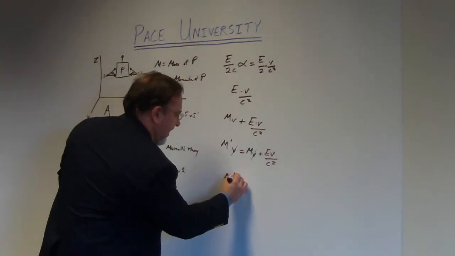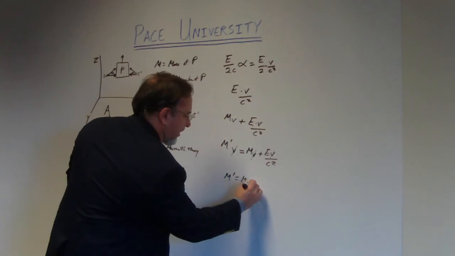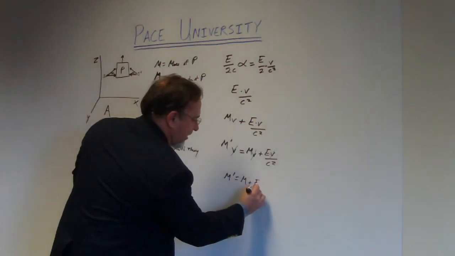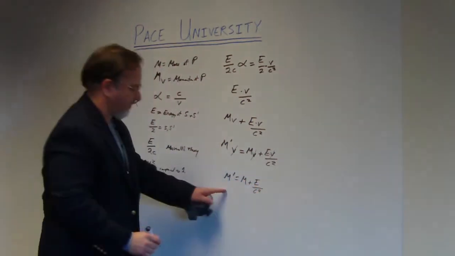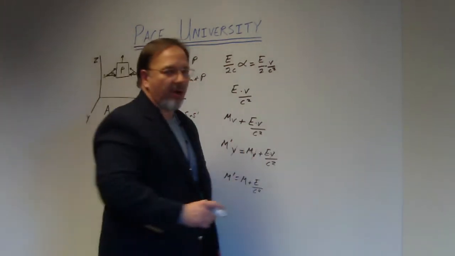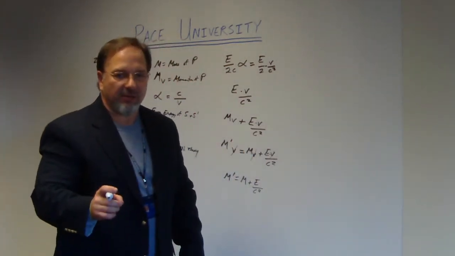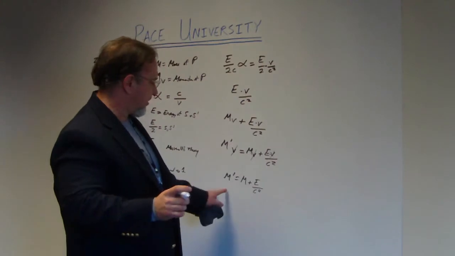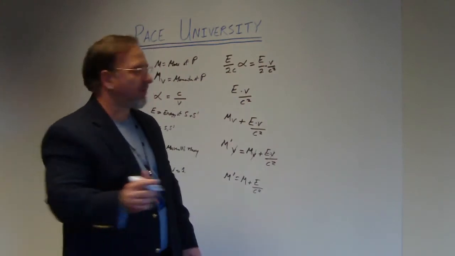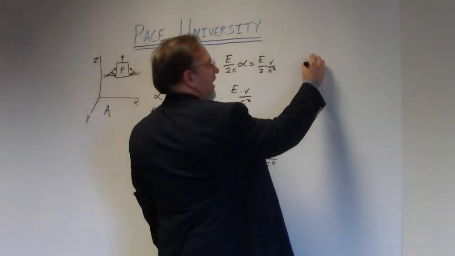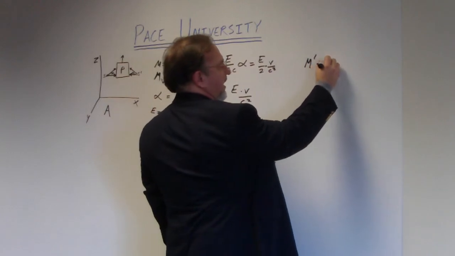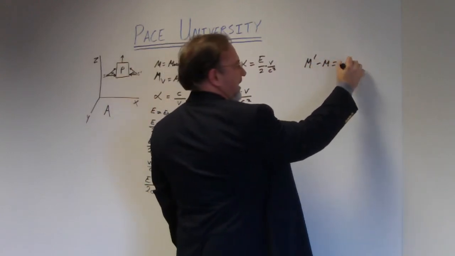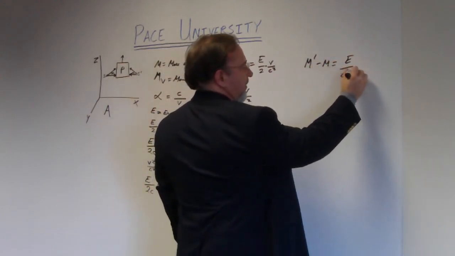We get m prime equals m plus E over c squared, which gives us, by the law of the conservation of momentum and the conservation of mass, m prime minus m equals E over c squared.